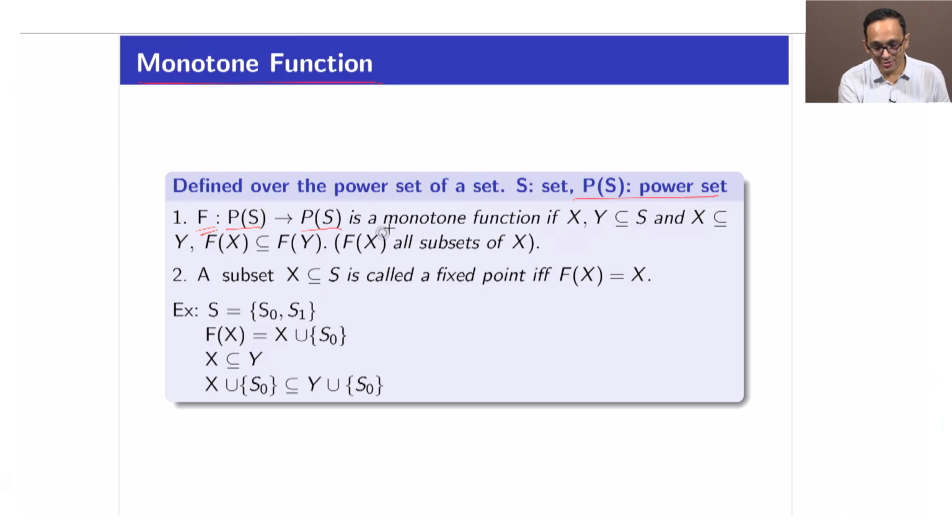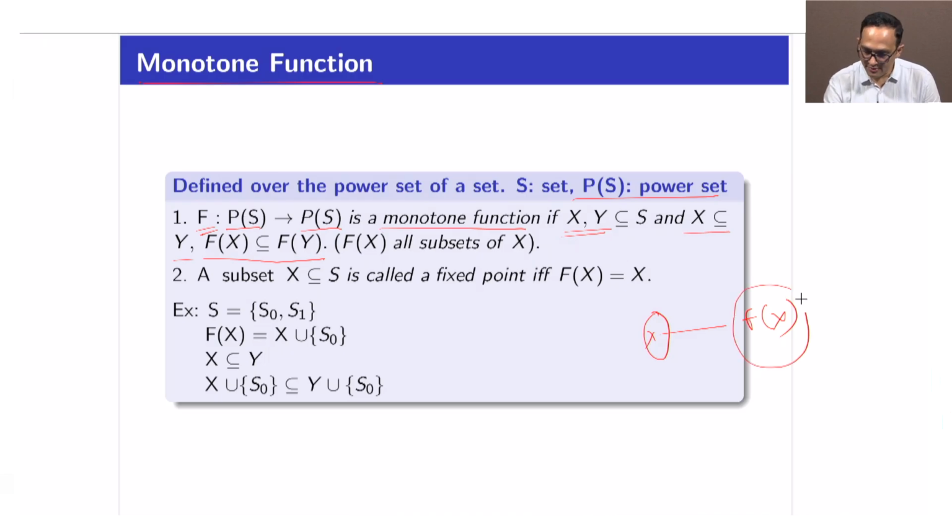I will say this function is a monotone function if I take two subsets x and y of S such that x is a subset of y. That means x has fewer elements and y is the bigger set. Then f(x) is also a subset of f(y). Did you get the point? I have taken a small set x, which is mapped to f(x), because this is a function.